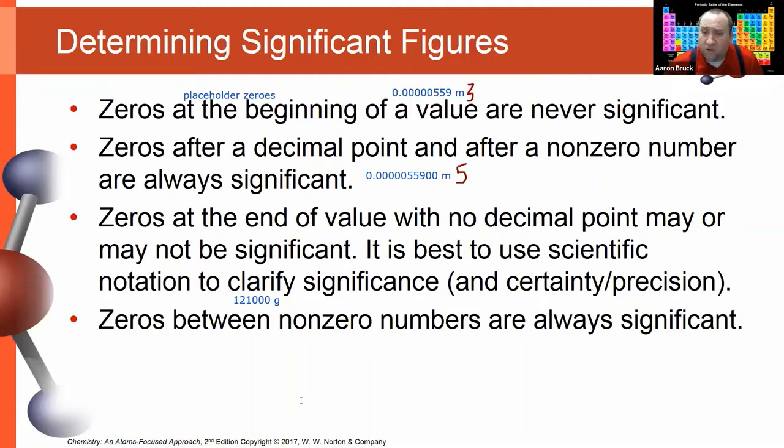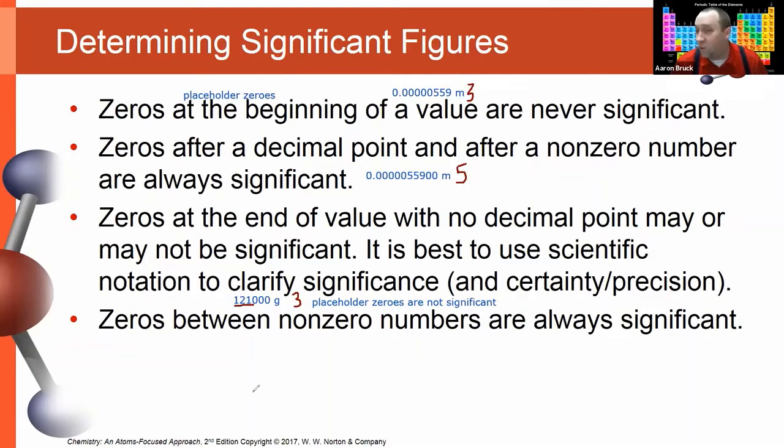Our general rule of thumb is that if we don't see a decimal point, zeros like these would be placeholder zeros as well. It would not be significant. We would say that this particular measured value had 3 significant figures, just these 3 right here. 1, 2, 3.